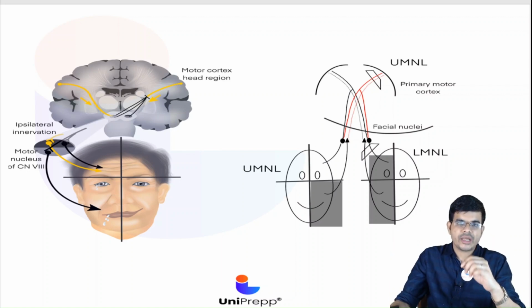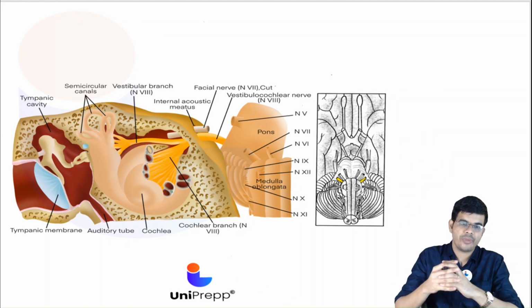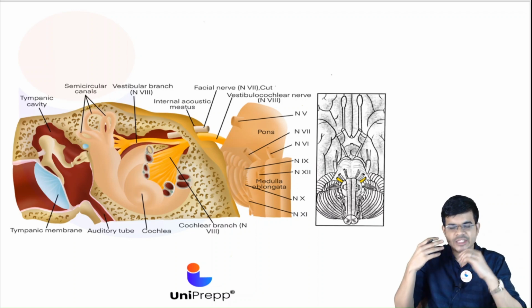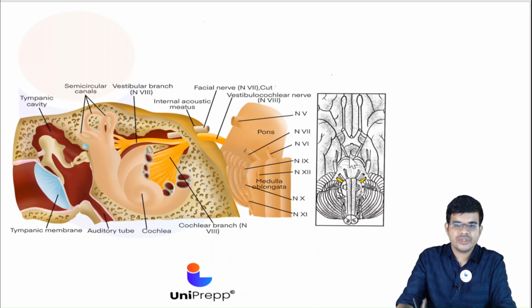Now coming to the intracranial course of facial nerve. How is this facial nerve going on to supply the various muscles of the face? As you can see here, this is the area of the pontomedullary junction.